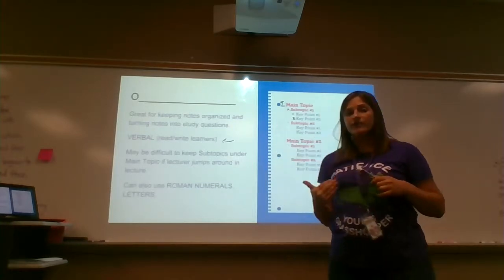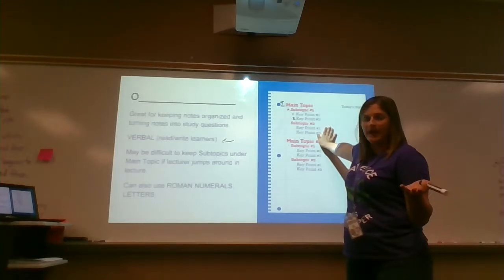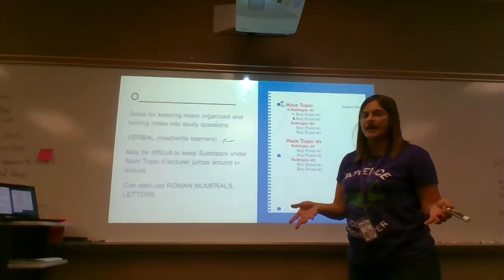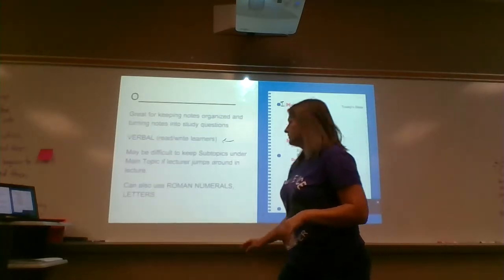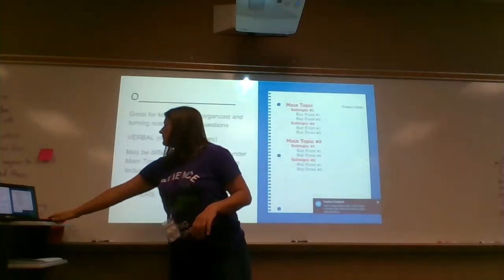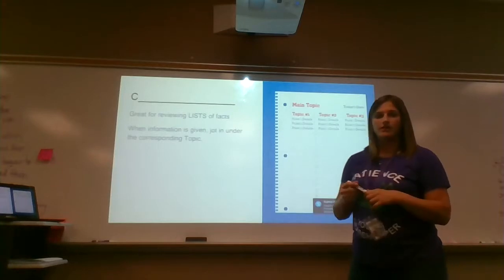But sometimes while the teacher is giving you the notes, this is the fastest, easiest way to put them down on paper. Then you can put them into a more familiar or comfortable style at a later time. On your slides, you're going to need to put all of these in.